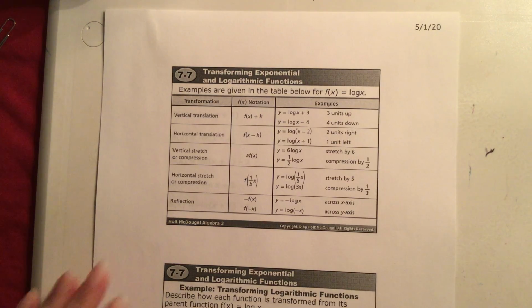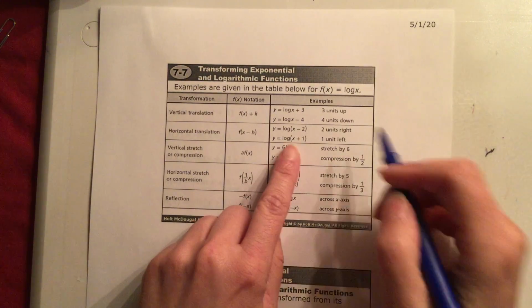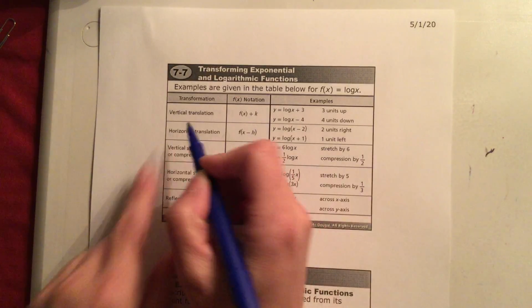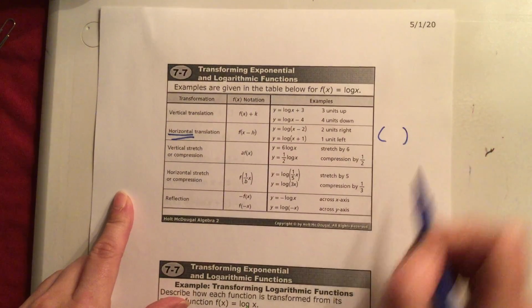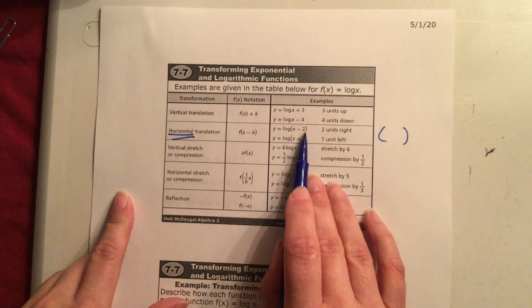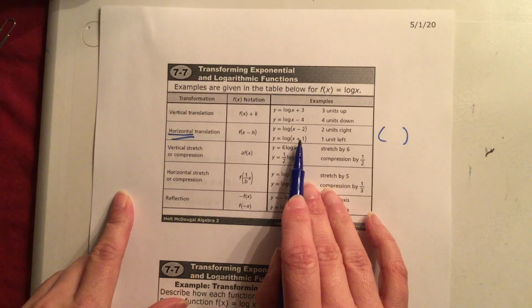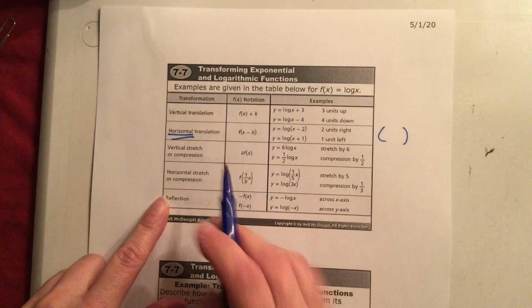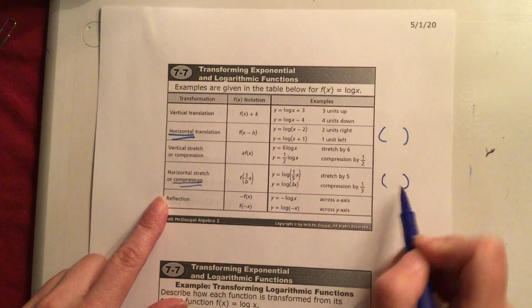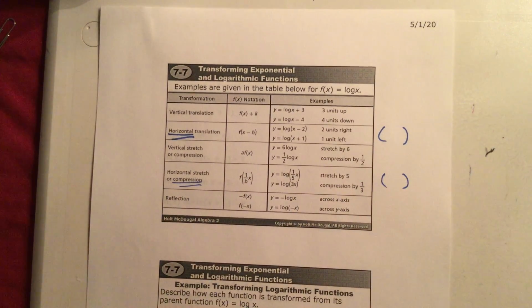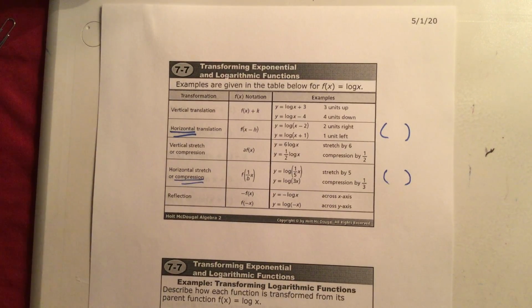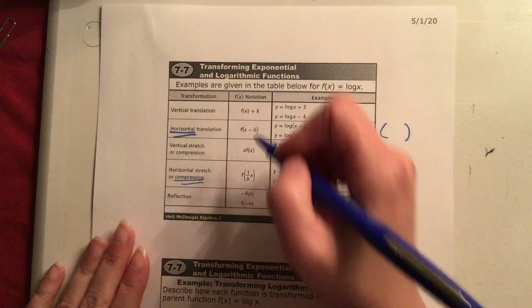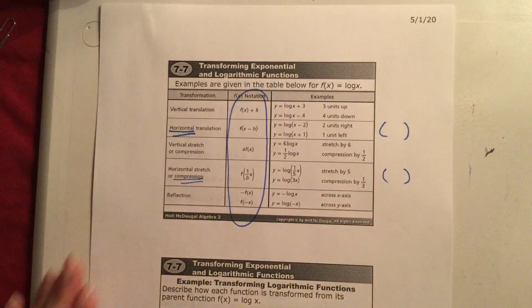One thing that I want to point out, notice if it's horizontal, you are going to have the parentheses because in order to keep the change to only the x, it has to be set off in parentheses. Same thing with the horizontal stretch and compression. Notice it's going to be shown in parentheses to make sure that it only goes to the x. Otherwise, you guys, all these rules are the exact same thing.